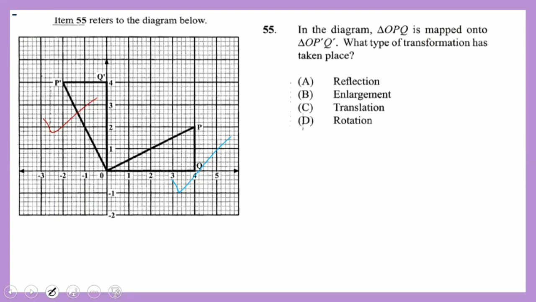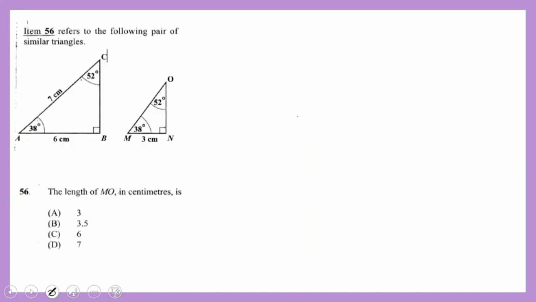Is there translation? No, sir. You can even eliminate here. All right. So, of course, we can see that it is a rotation. And this, all right, let's not talk about the kind of rotation, but we notice that it has moved in the same way that this has moved. All right. Rotation.